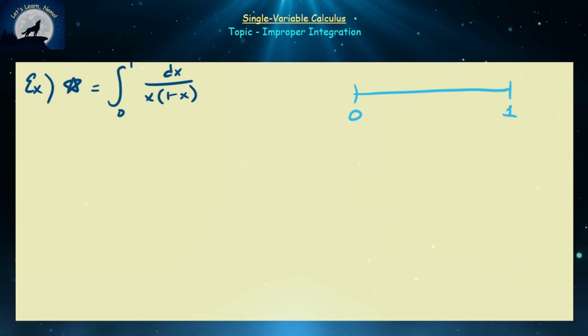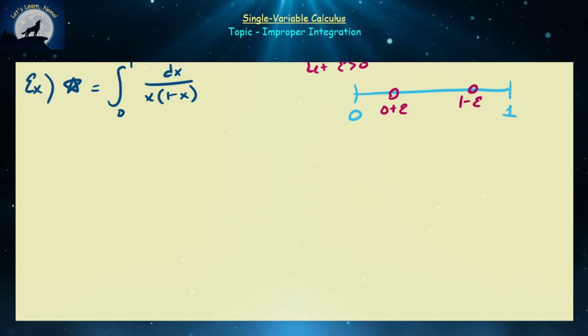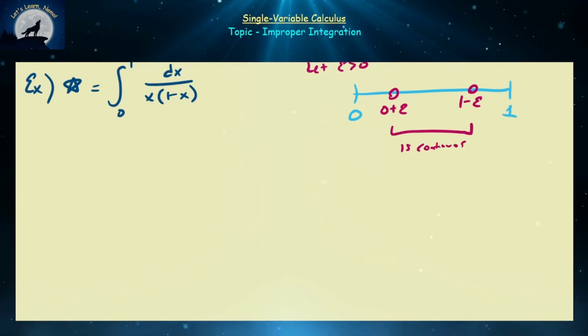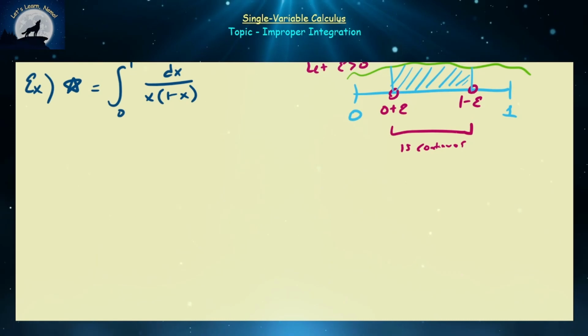In particular, if we choose some epsilon that's arbitrarily small but positive, pick a number here, which is 0 plus epsilon, pick a number here, which is 1 minus epsilon, then it's very easy to see that our function is continuous here. Right? So regardless of what this function looks like, we can always find the area underneath this curve on that bound, and then send that area to 0 and 1 from both sides at equal rates, and hopefully that area will converge. So let's see how that's going to be done.